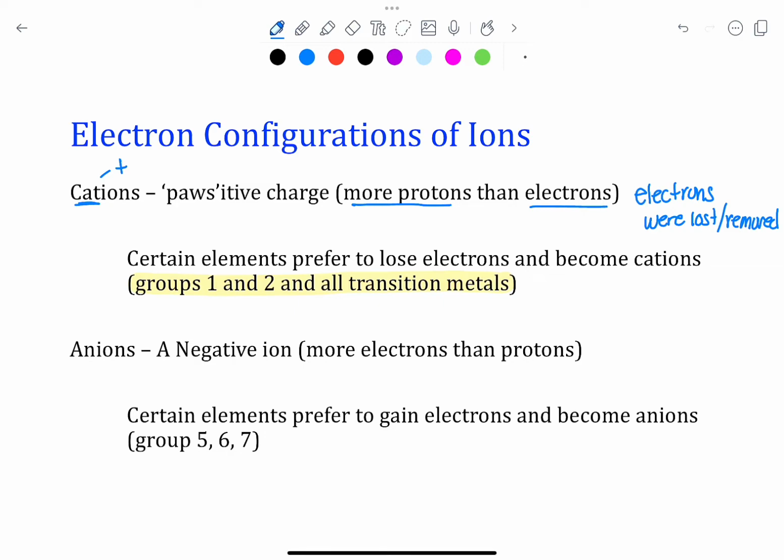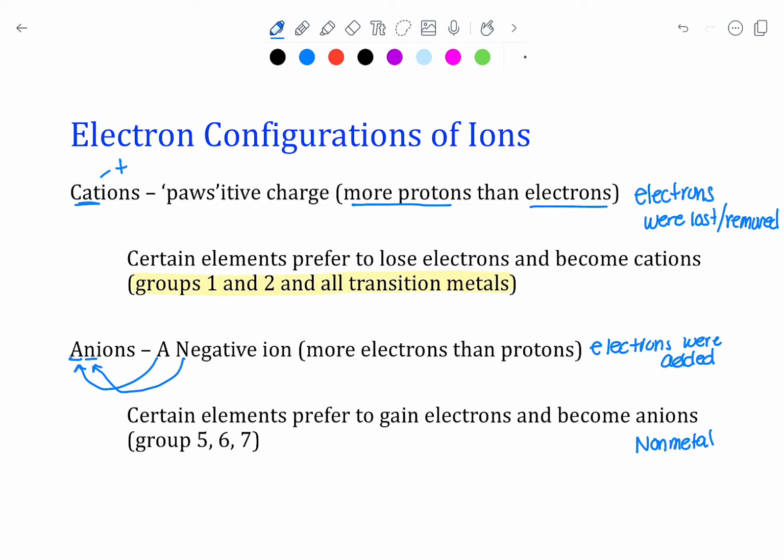Next we have anions, which is a negative ion. So this is where we have more electrons than protons. So electrons were added. Okay, and again, certain elements would prefer to gain electrons and become anions, and this is more typically our nonmetals.